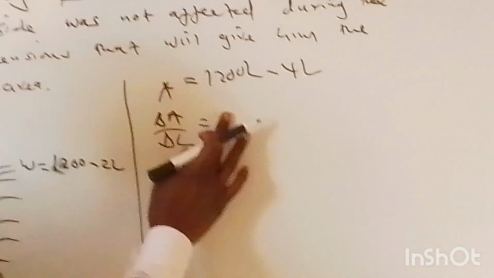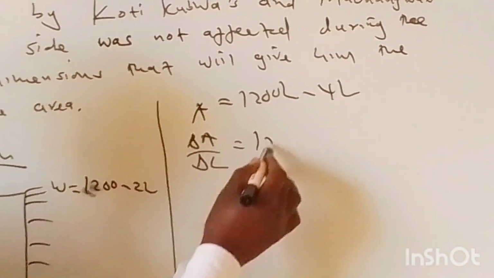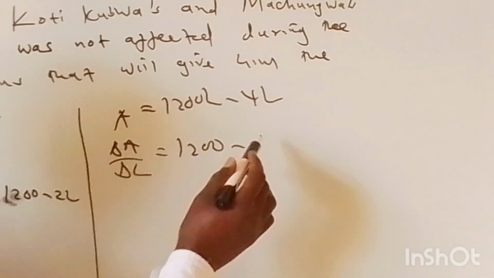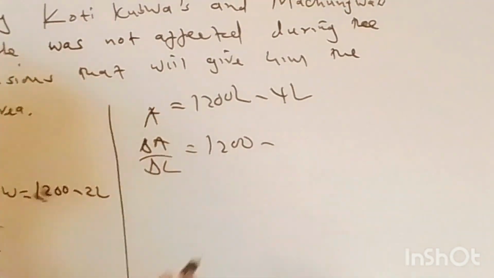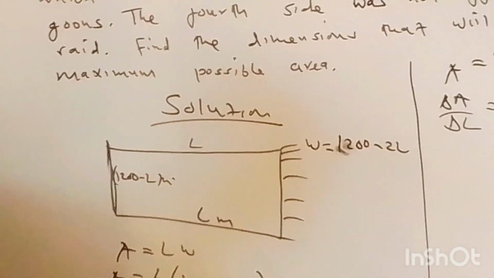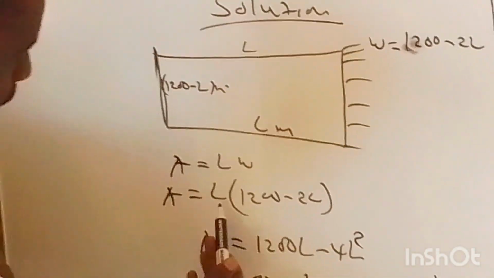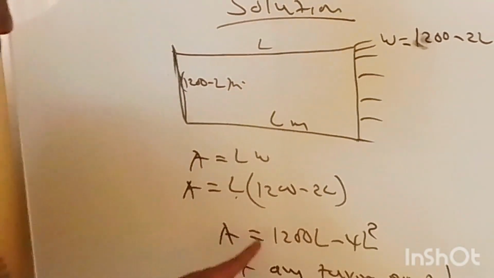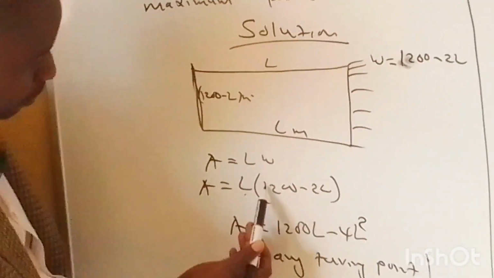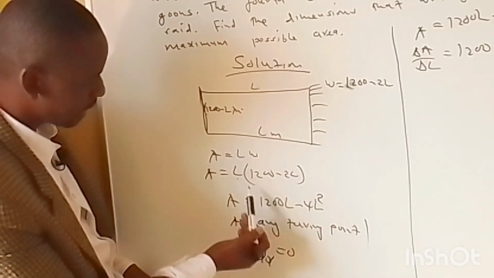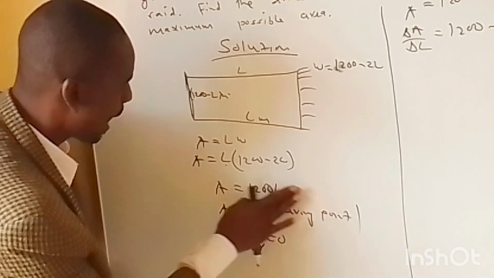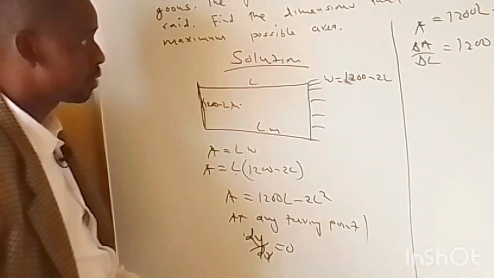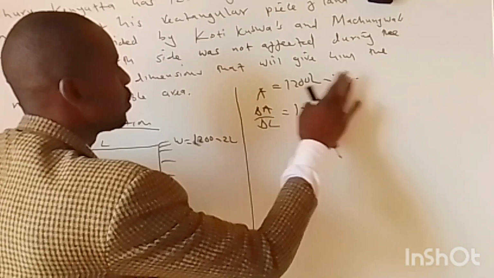So when we differentiate dA over dL, we get 1,200 minus... sorry, class, this one should be 2L squared, because L multiplied by 2L. Let's do this correction: 1,200L, when we open up the bracket, and then minus 2L squared.